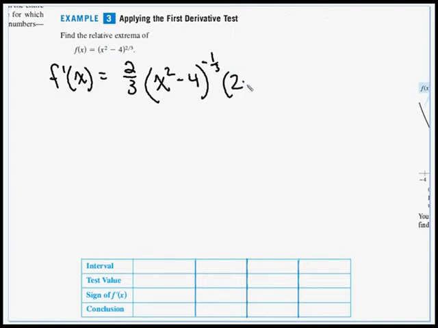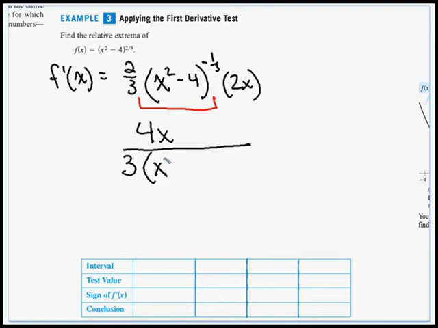The inner derivative there is going to be a 2x. So if I multiply my fraction by the 2x, I'm going to get a 4x over 3. And this term here with the negative exponent will get dropped down to the denominator, and the exponent will become positive. So we're going to have an x squared minus 4 down there to the 1/3 power.